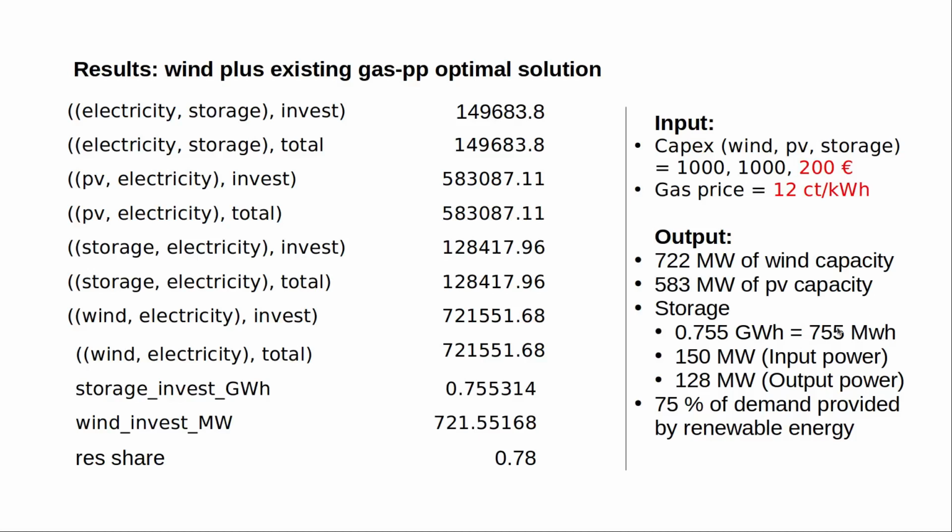So we set it to 755 megawatt hours, and the size of the input power and output power is set to 150 megawatt input power and 128 megawatt of output power. With this setup, we're able to cover 78% of our demand with renewable energy and the storage system.